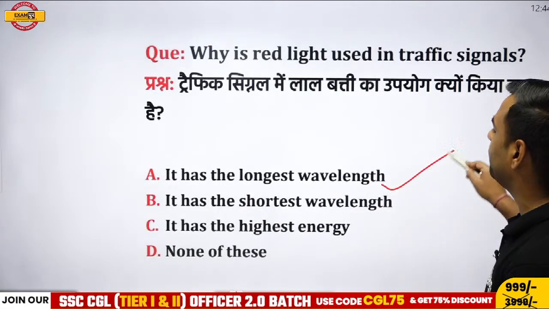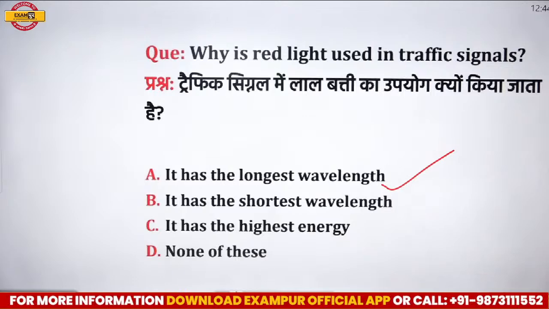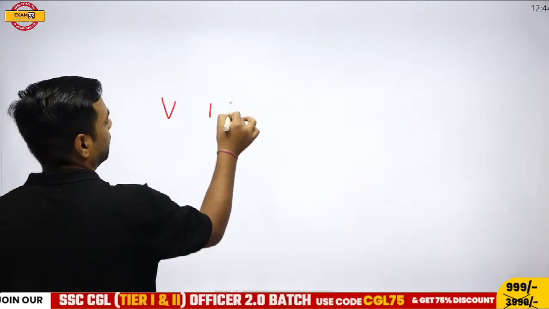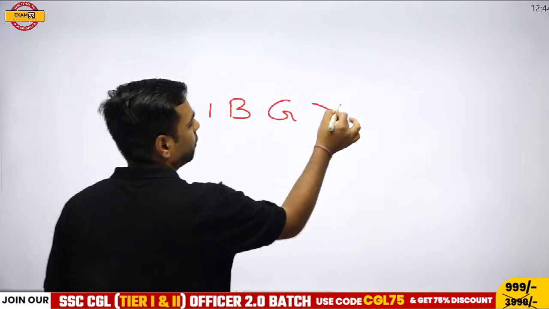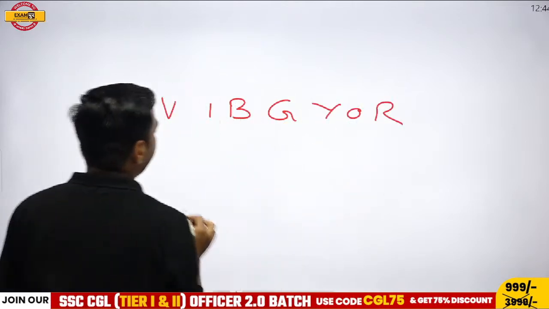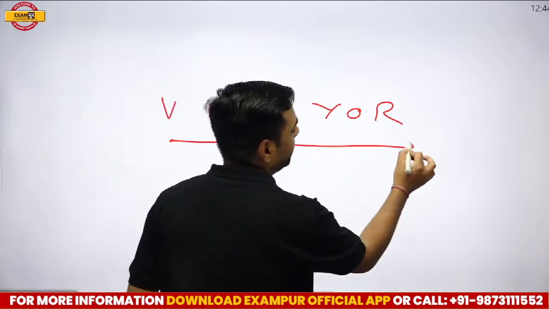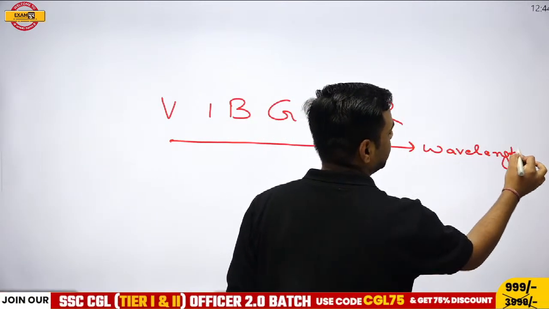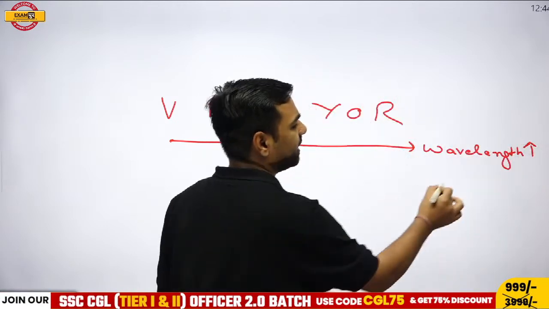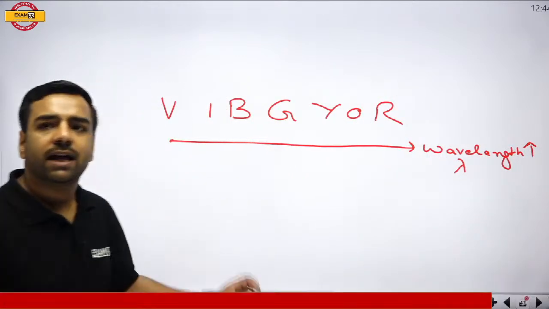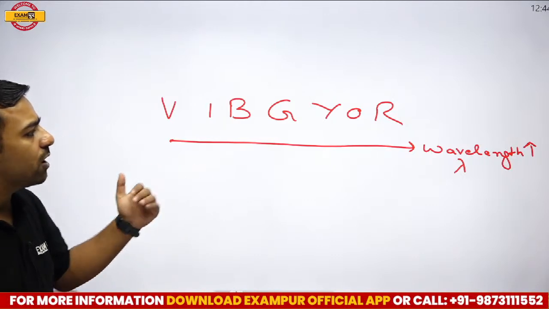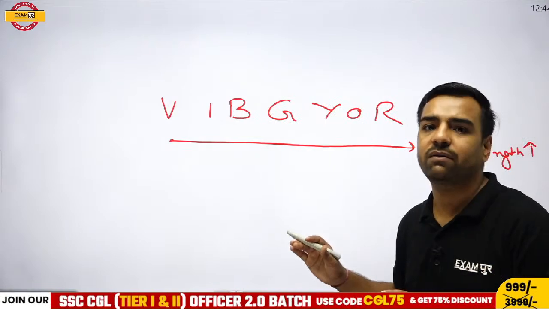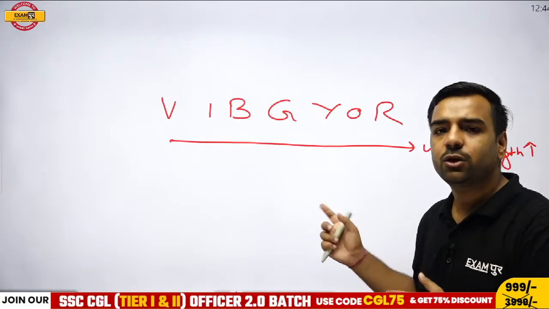If I talk about the wavelength, red has the maximum wavelength. Now let's talk about the sequence order. When we move from left to right, its wavelength increases. And we denote wavelength by lambda, right? And please remember, its scattering power is just opposite to the wavelength.